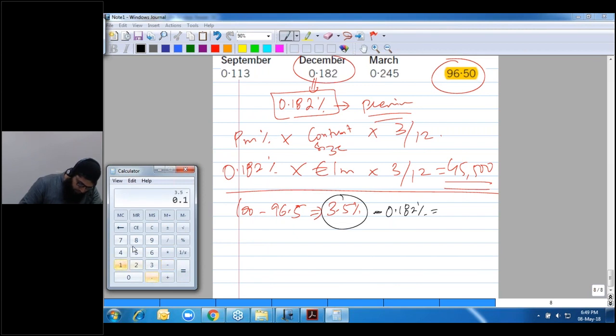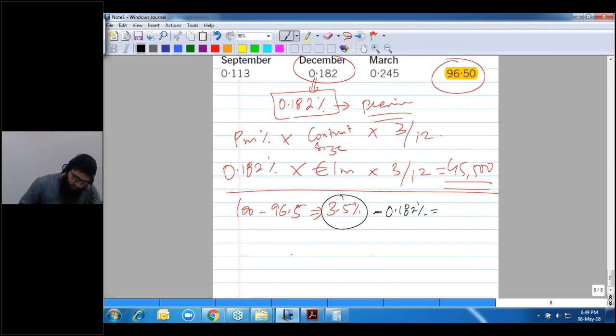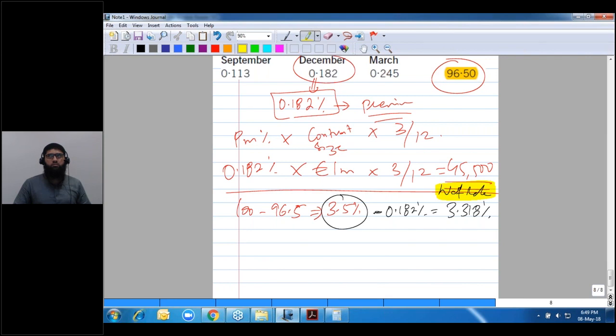3.5 minus 0.182 gives you 3.318%. The net rate is 3.318%. Now what next?